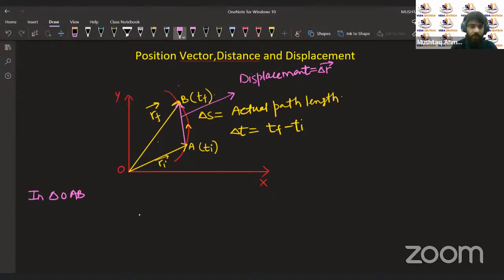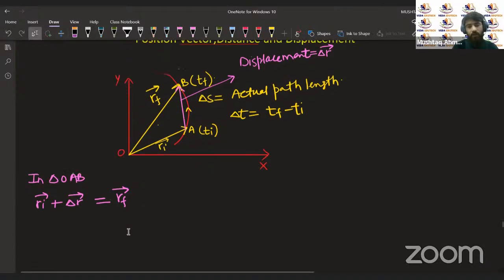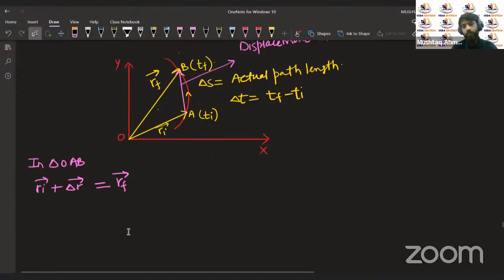The delta R vector and Ri vector are taken in the same order, and the Rf vector is taken in the reverse order, completing the triangle. So using the triangle of vectors, Ri vector plus delta R vector is equal to the resultant, and the resultant is represented by the Rf vector, the final position vector.